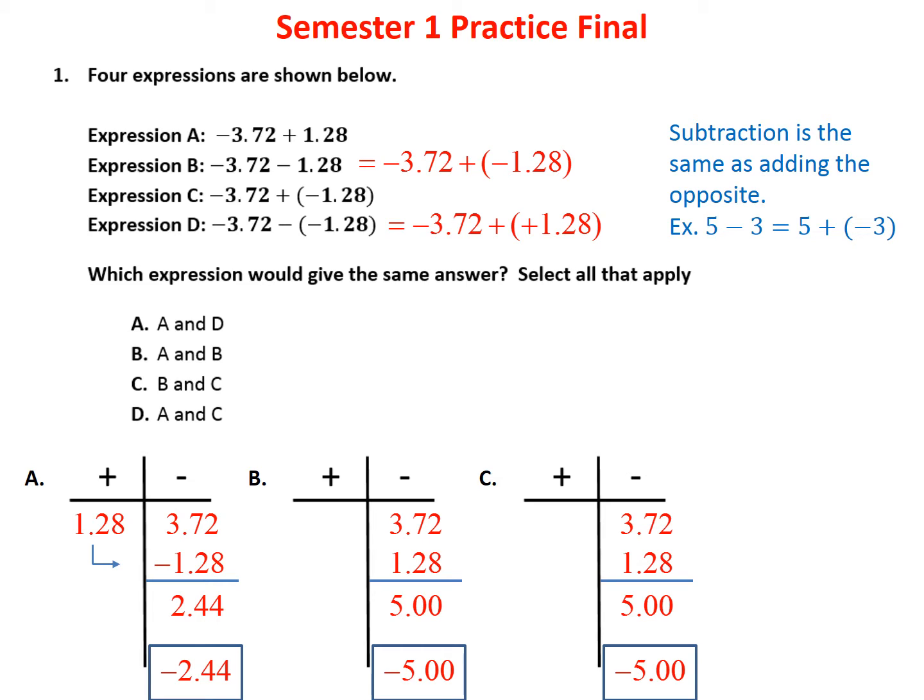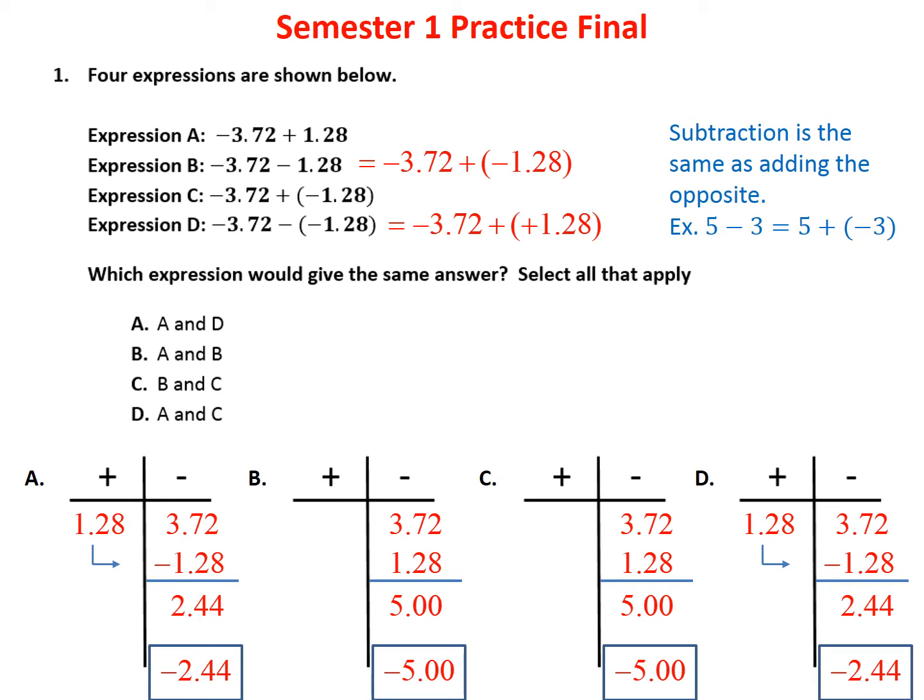So subtracting a negative becomes adding a positive. So in this case, in our T-chart we have the negative 3.72, but now we're going to add 1.28, take the smaller number and subtract it, and notice we end up with the same as A. So A and D are the same. So let's look at our answers then, and we notice that A and D are the same.